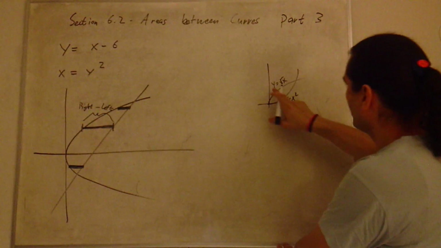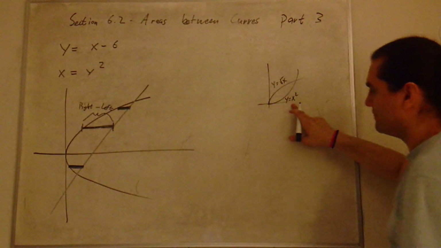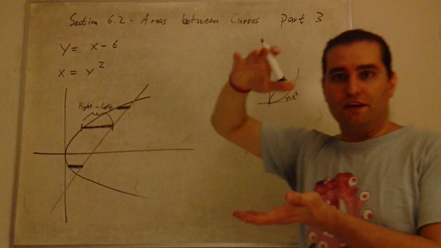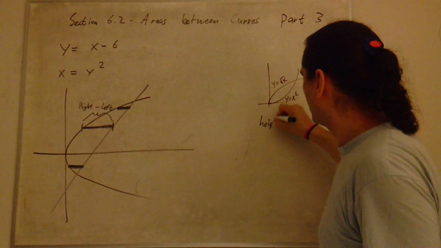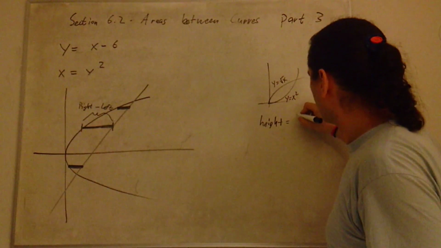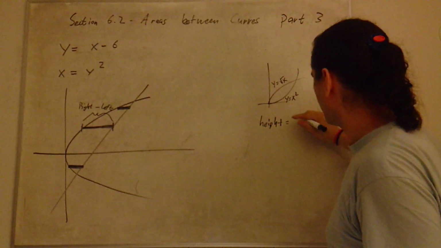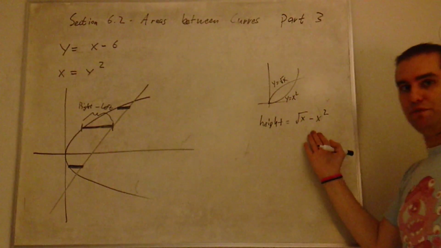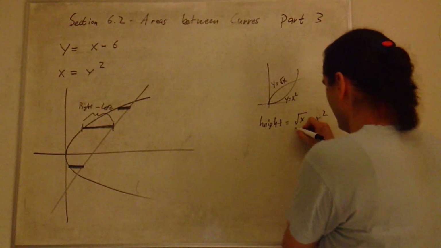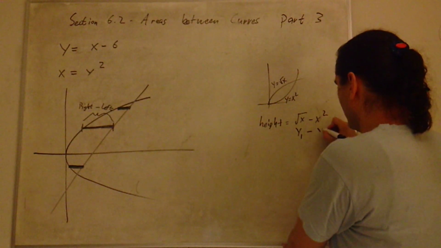So we were comparing this y value with this y value, two different heights, to get the difference in height. That's where this square root x minus x squared comes from, the difference in the height between those two things, because this is a y value and that's a different y value.